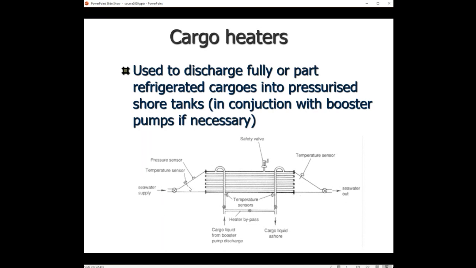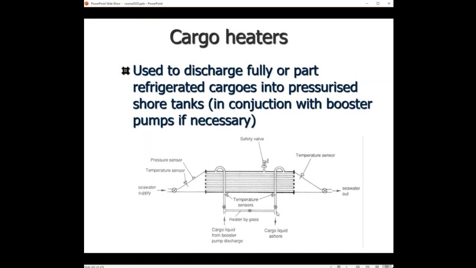The capacity of the heater is limited by the seawater temperature. The warmer the seawater is, the more capacity you can send into the tubes and you can warm up. The final temperature that you will send to the shore is then achieved by this bypass valve, because what will come out of your heater is well above 0 degrees.